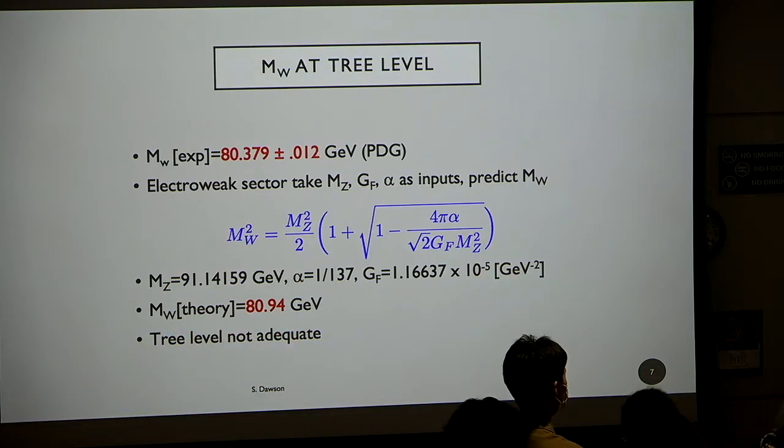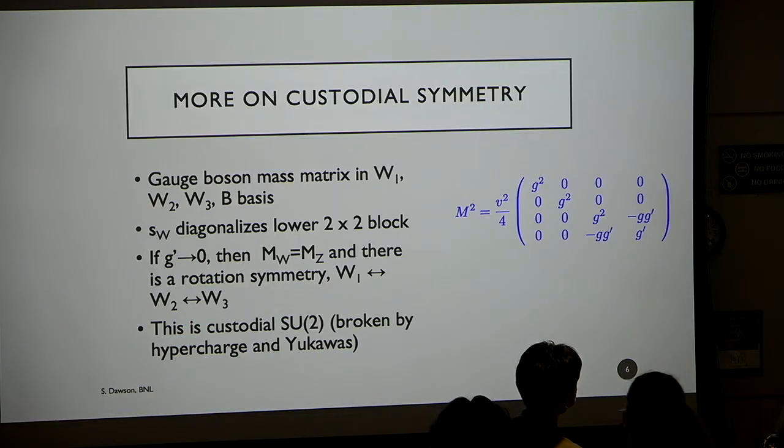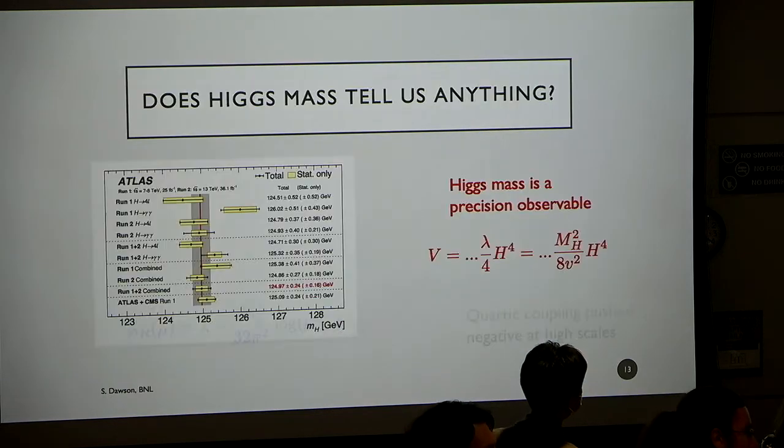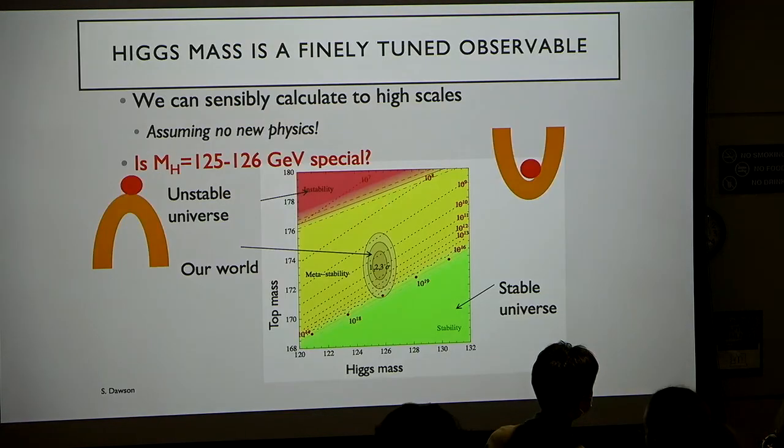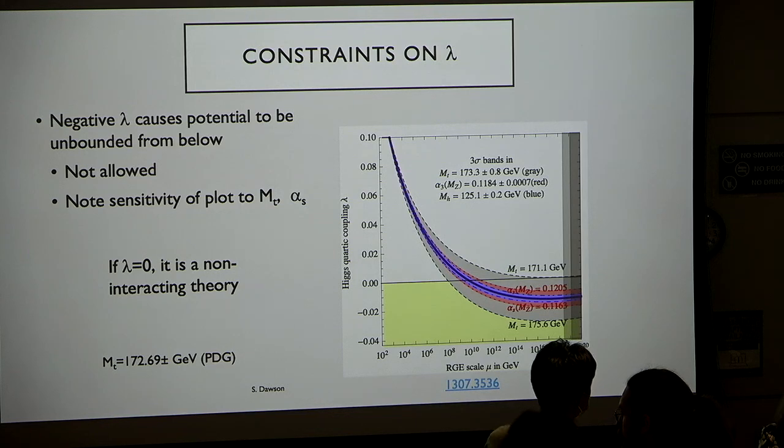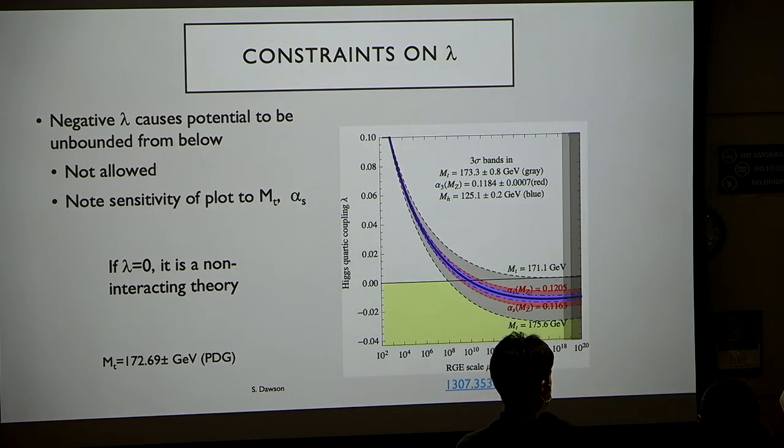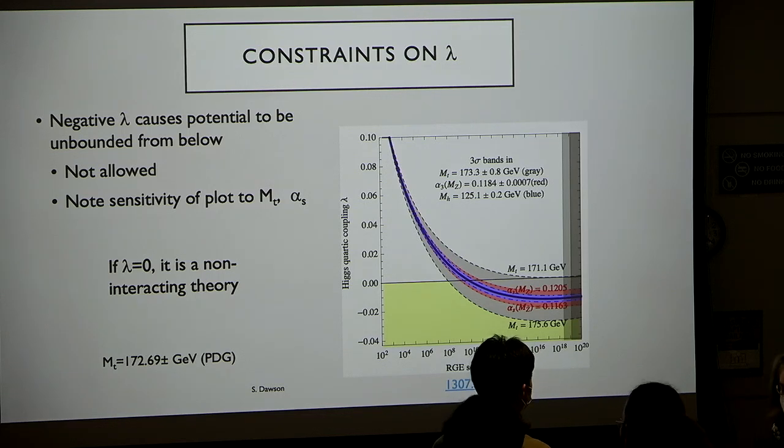You're just wondering what the error is on the top quark mass. It's a couple GeV, plus minus 2 or something. Yeah, I'll put it in.